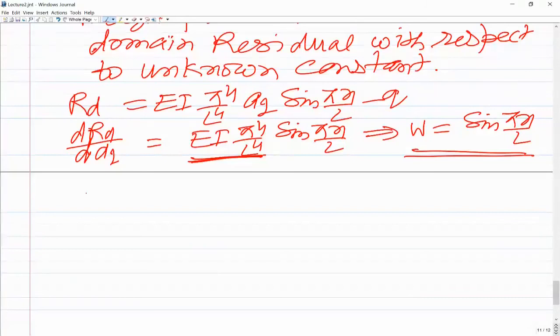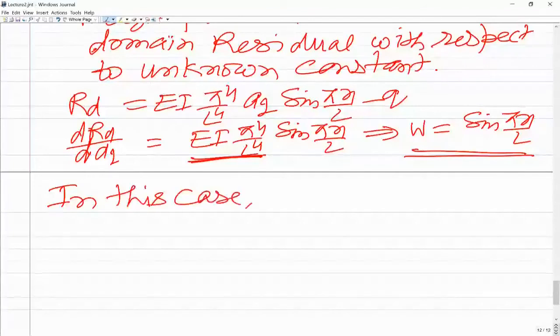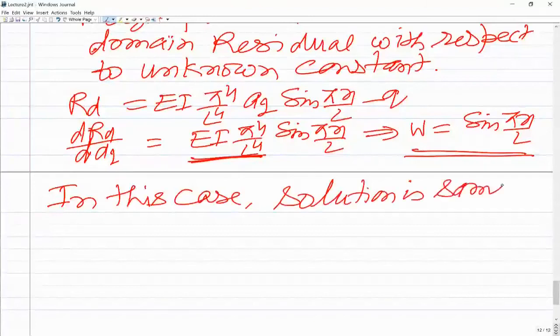This is only for this case; in general, the solution from the method of least squares would be different from what we get from the Galerkin method. So let me just state that in this case the solution is the same as the Galerkin method, because the weight function is the same.